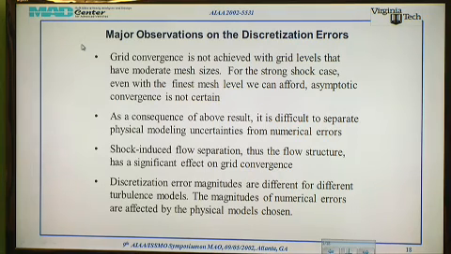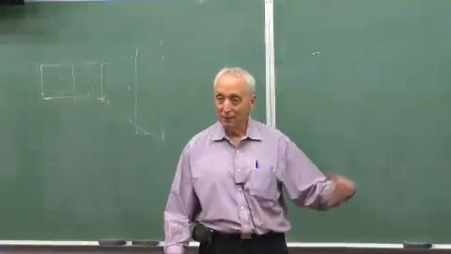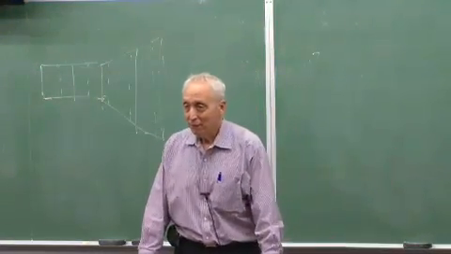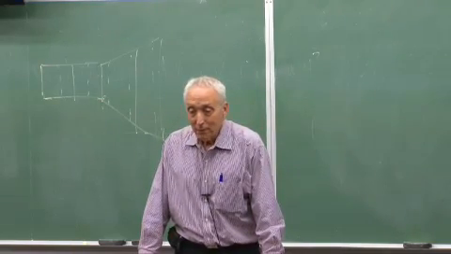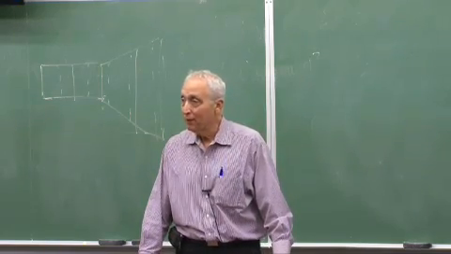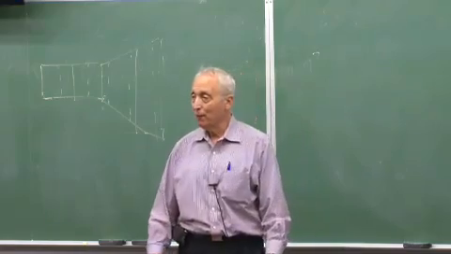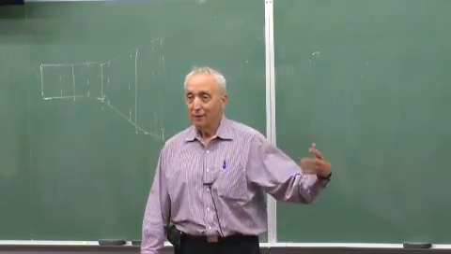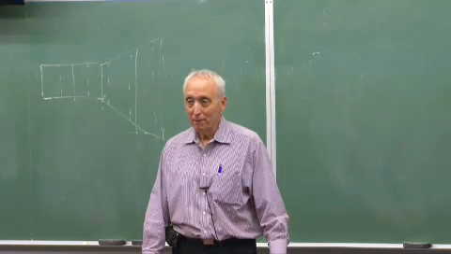So first of all, grid convergence is not achieved with the grid levels that most practitioners use. And you can say that was 11 years ago. Now it's different, and it's not. Could anybody tell me why not? Why, despite the fact that computers are that much more powerful, maybe we can cut down the calculation time by at least a factor of 10 compared to 11 years ago, maybe more, why doesn't it still make the mesh converged?